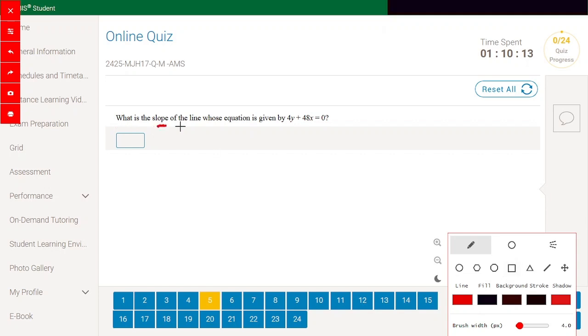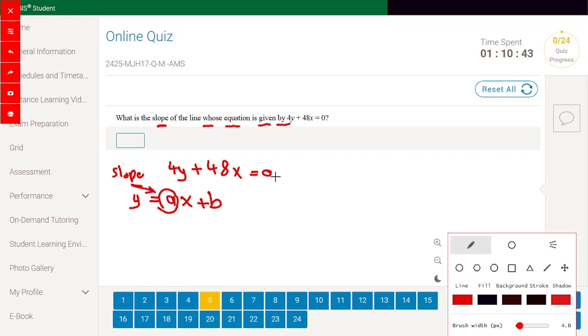What is the slope of the line whose equation is given by 4y plus 48x equal to 0? To get the slope, let's write the line equation, which is y equal to ax plus b, and a is the slope of the line.